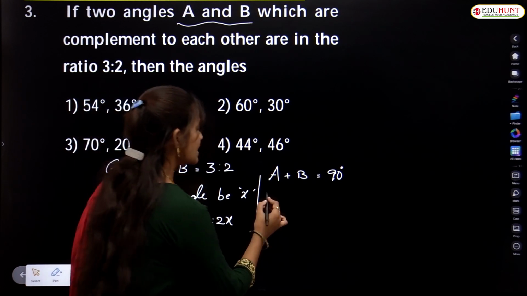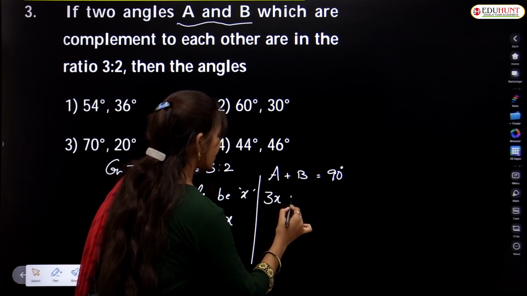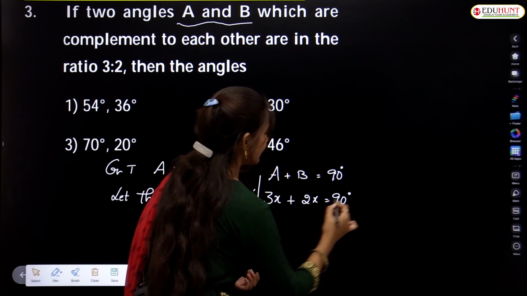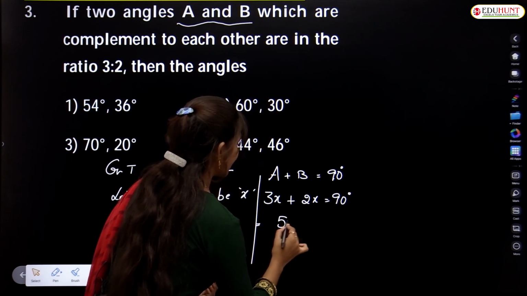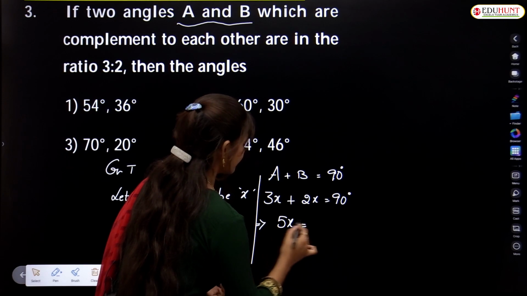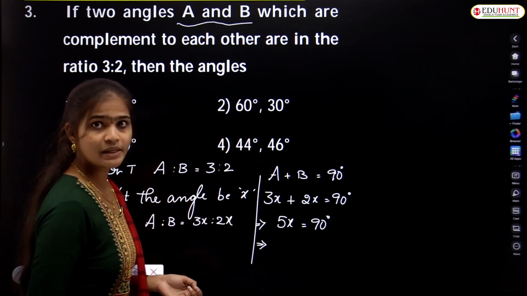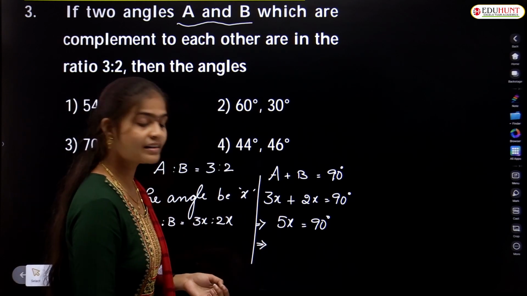Clear? So A is 3x plus B is 2x, which is equal to 90 degrees. So here 5x is equal to 90 degrees. 5 and x are in multiplication, so multiplication becomes division.